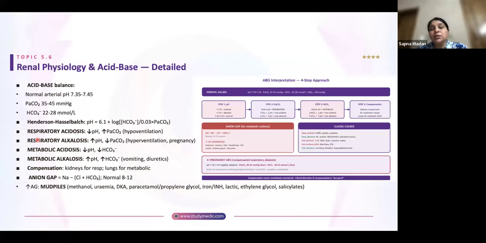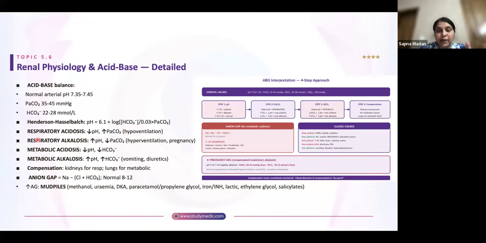Then you see the CO2 value. Like I said, respiratory is opposite. If the CO2 is high and the pH is low, then we are dealing with respiratory acidosis. If the CO2 is low and pH is high, then it is alkalosis due to the CO2, so it is respiratory alkalosis.